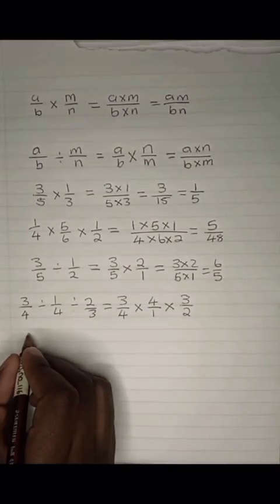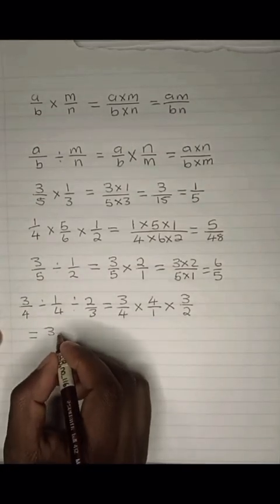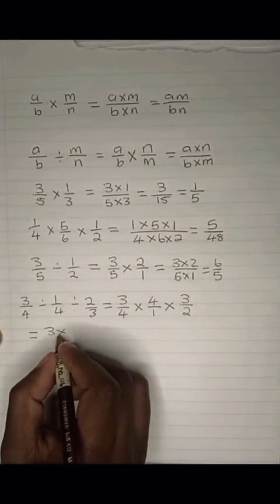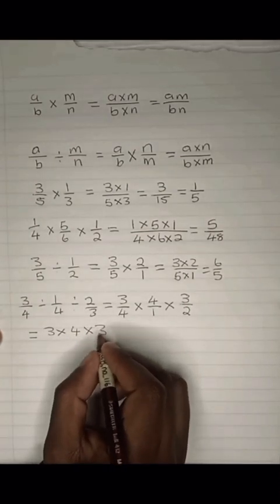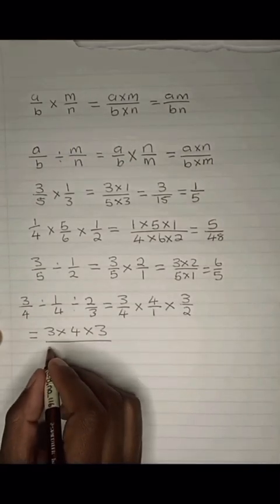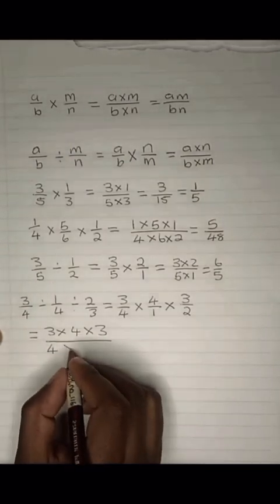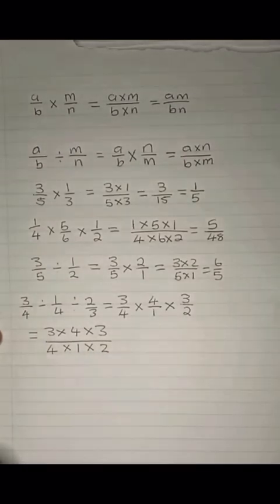So let me write it down here. When you have it like this, it's going to be 3 multiplied by 4 multiplied by 3, all over 4 multiplied by 1 multiplied by 2.